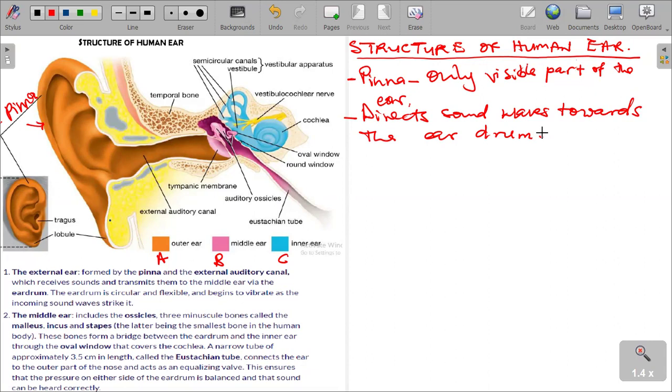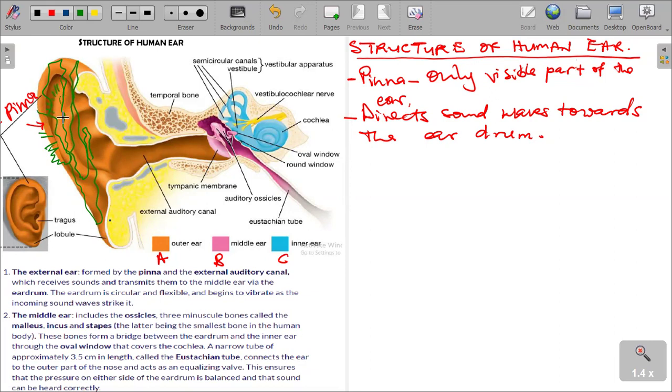This visible part that you are seeing here, all of this part, is the pinna, which I've shaded with a green marker.